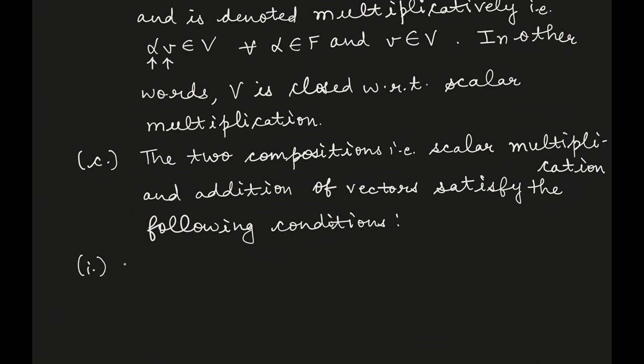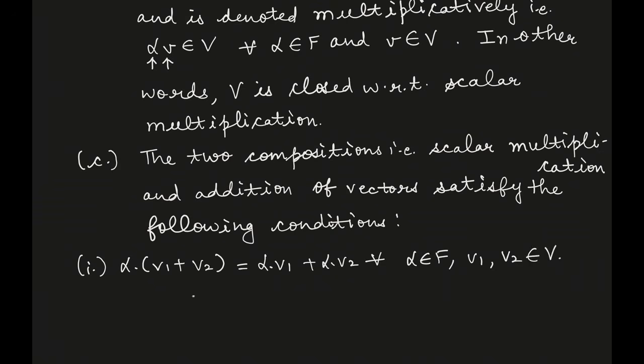First property, alpha into v1 plus v2 is equal to alpha into v1 plus alpha into v2 for all alpha belongs to the field and v1, v2 belongs to V.